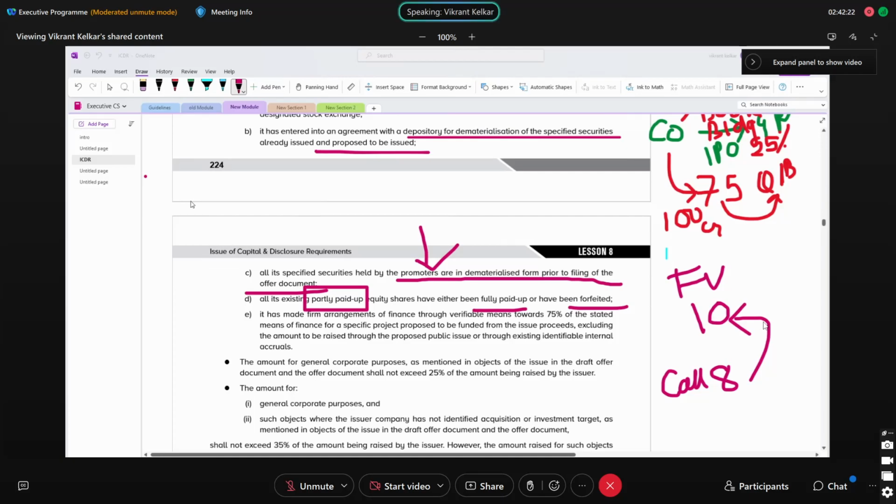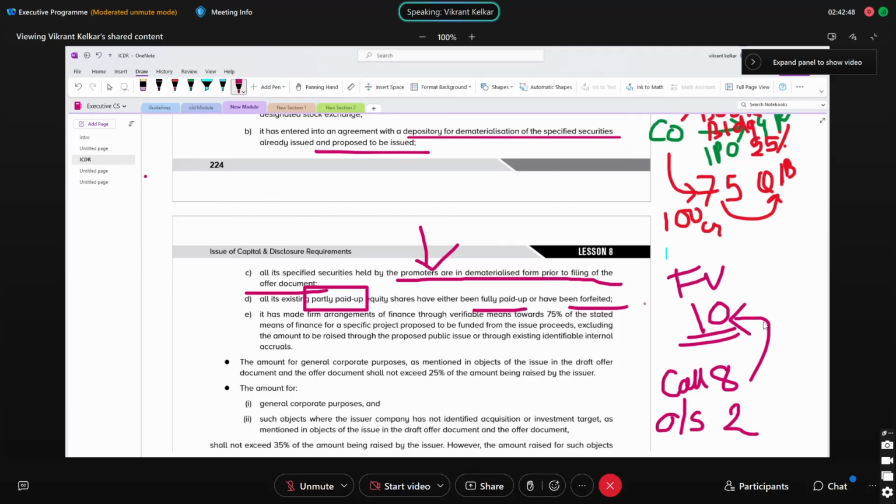Sanjay, is that allowed? That the share of the company is worth 10 rupees, but the company has called only 8, and the outstanding 2 rupees are still there. Means what? The shares are worth 8 rupees, but on paper you are having 10 rupees as value.